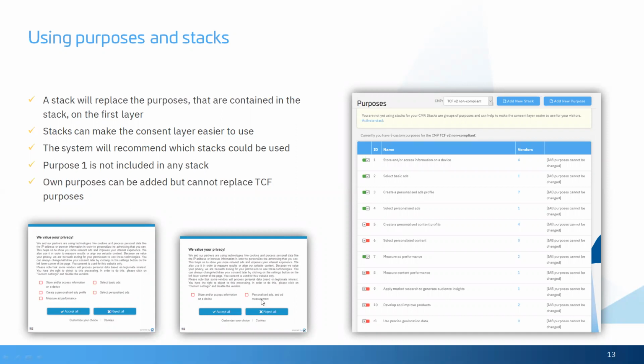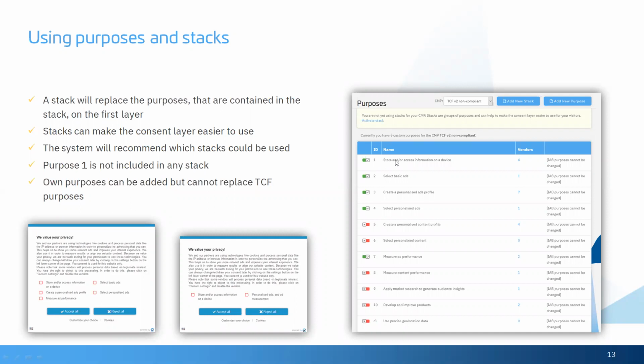And what I did here is, I think it was stack 8 or something. Basically, the stack will then replace the purposes that are in the stack. And on the first screen, you will only see the stack instead of these purposes. And therefore, the overview of the first screen will be easier.